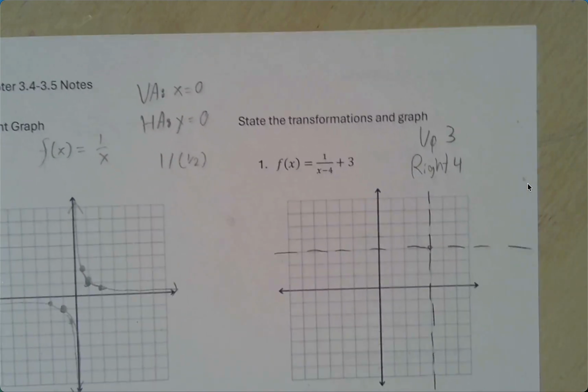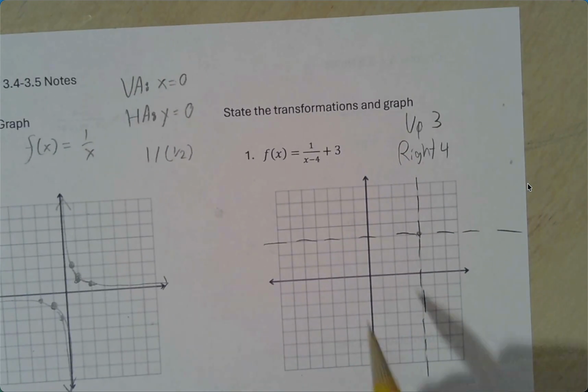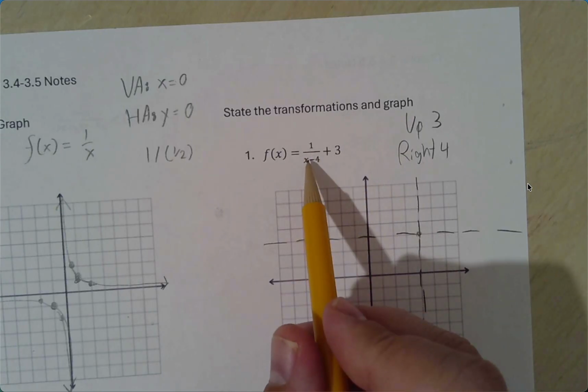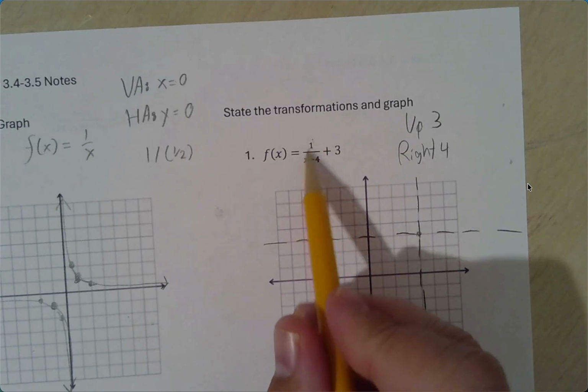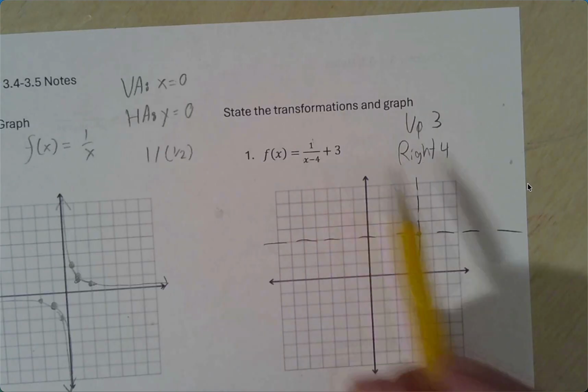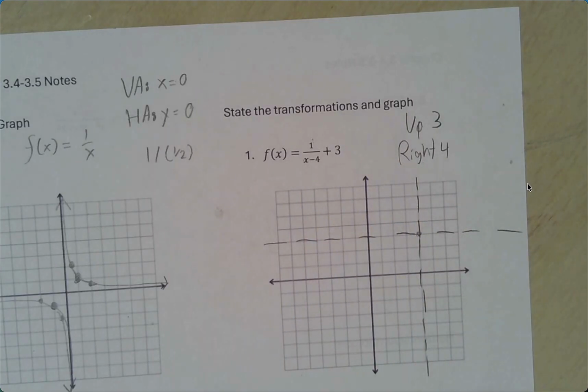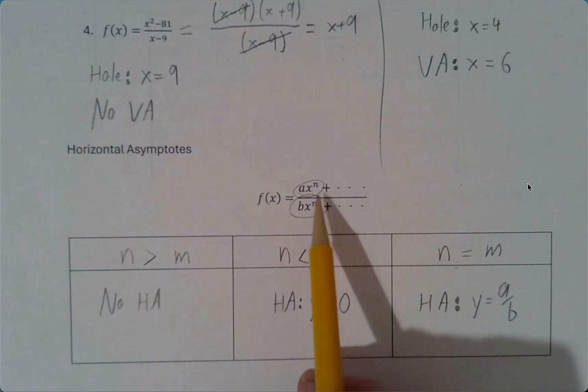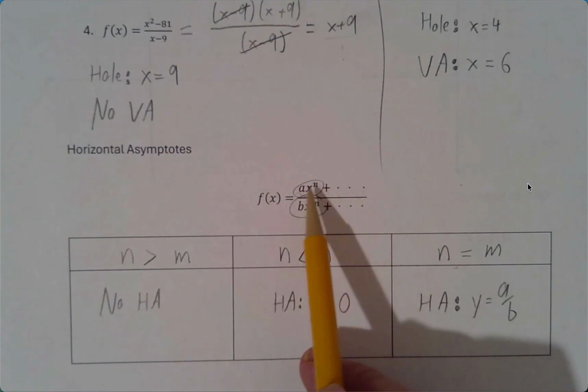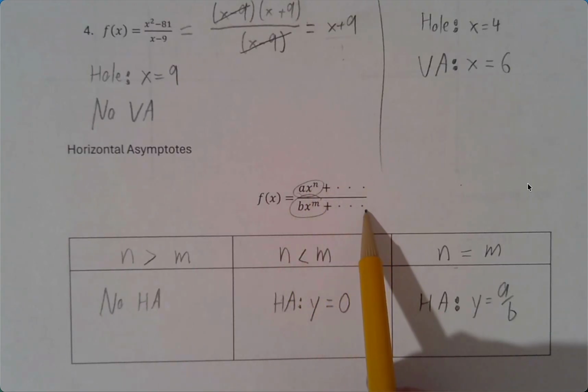Now, real quick, if you're saying, Mr. Rao, wait a minute, based on your HA rules you told me, wouldn't this be an HA of 0? And whoa, just to catch you there. The way we defined determining HA is when your problem looks like one polynomial on top, one polynomial on bottom.